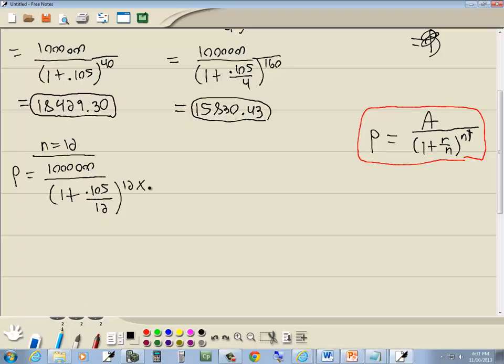T was 40. Okay, so that gives us 1 million divided by 1 plus 0.105 divided by 12 raised to the 480 power.